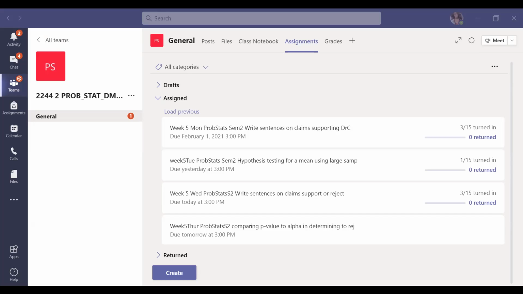Less than 30 minutes, that is the claim. Your null hypothesis is going to be the opposite of the alternative hypothesis. So looking at this, your null hypothesis is greater than or equal to 30 minutes.